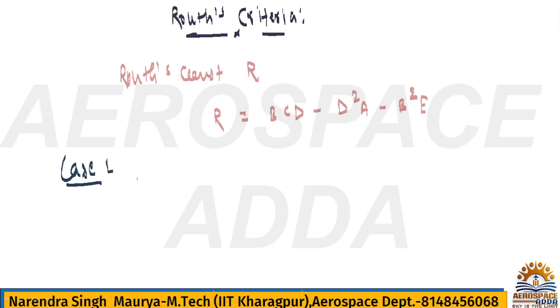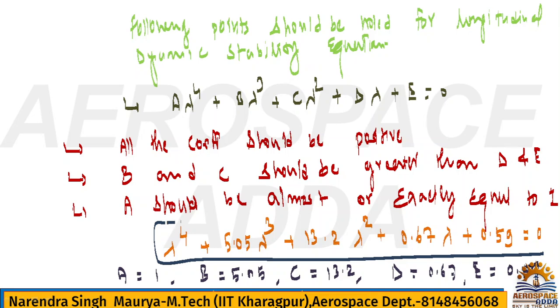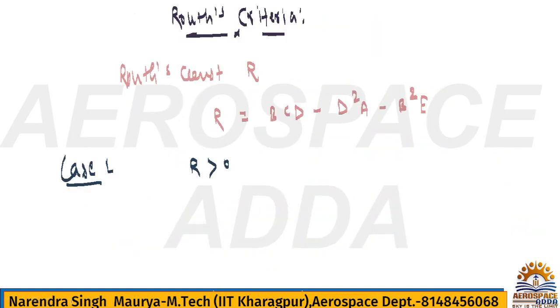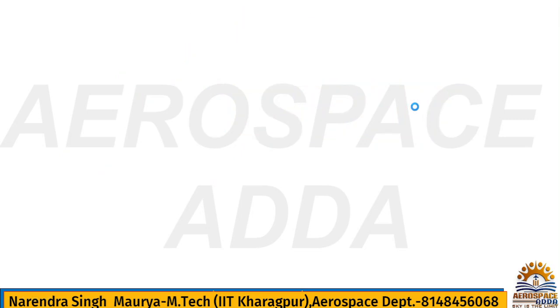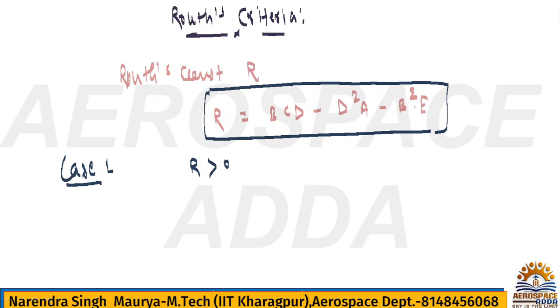If Routh's constant R is greater than 0, then what does it mean? Whatever stability equation they have given, with the help of it you first calculate the constants A, B, C, D, E, and with these you find the Routh constant R. You get A, B, C, D, E from the characteristic equation by comparing and getting those values. So from there you write Routh's constant and you get R greater than 0.